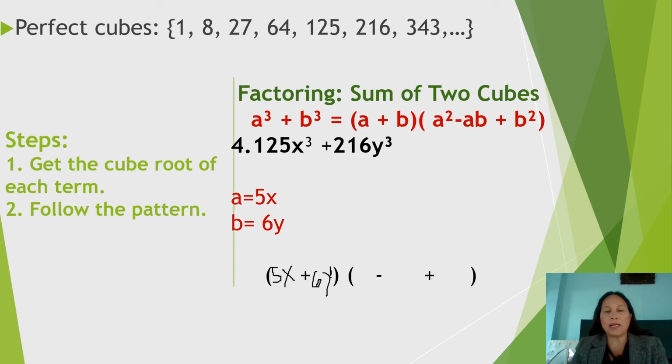Okay, dito naman, square lang daw natin yung a. So, ang a natin ay 5x. So, 5 times 5, 25, then x squared.